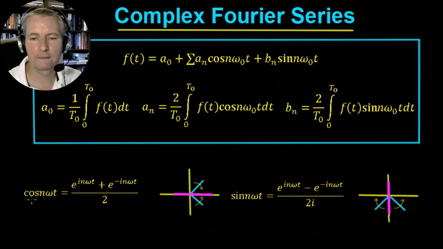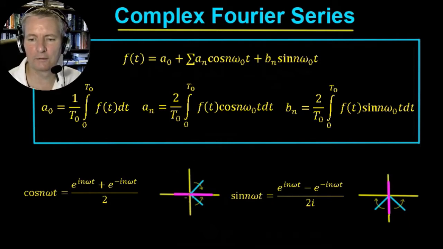So we've seen here that cos n omega t can be written as e to the i n omega t plus e to the minus i n omega t upon 2. And we've seen that in the graphical calculator in a couple of videos previously.